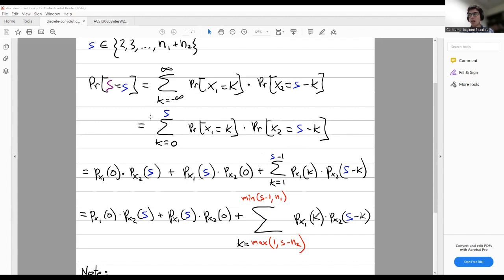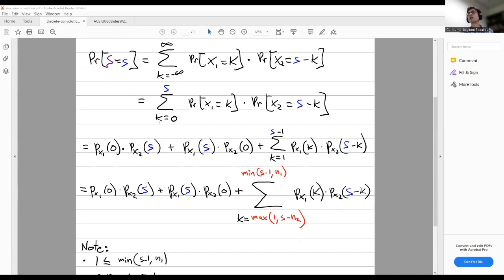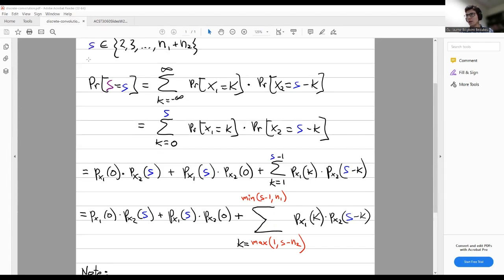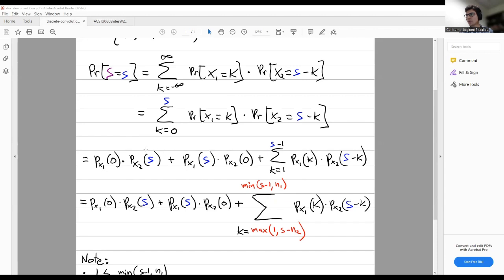But there's more. In our code, we've dealt with the cases S equals 0 and 1. But there's another thing I'm going to do here. I'm going to separate the case that uses probability X1 is 0, so I'm going to put this in front.